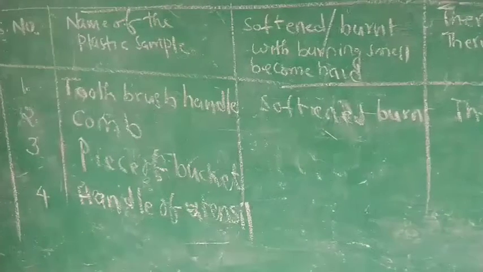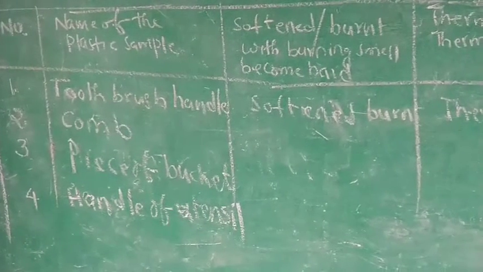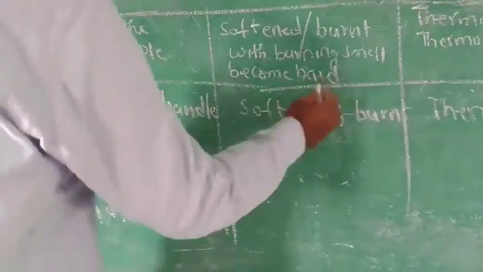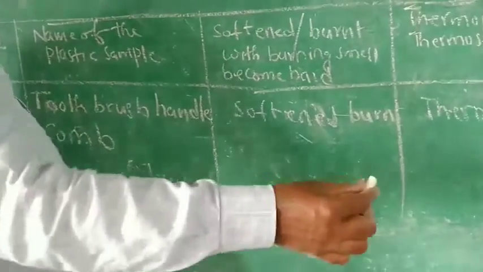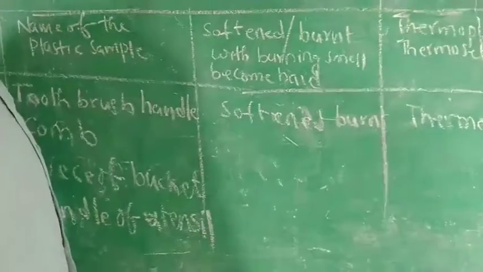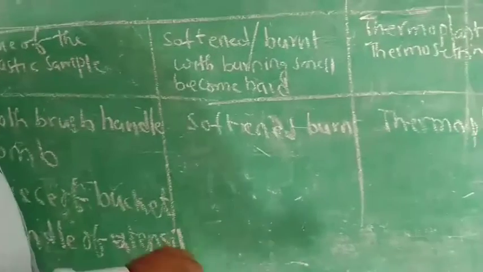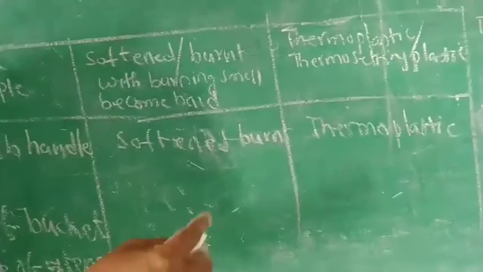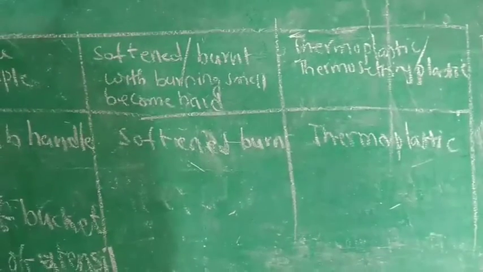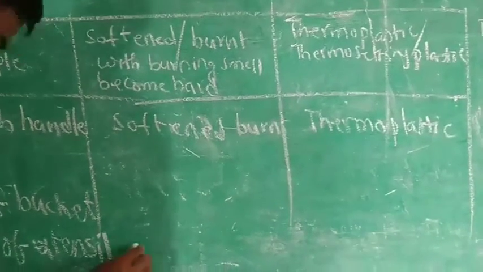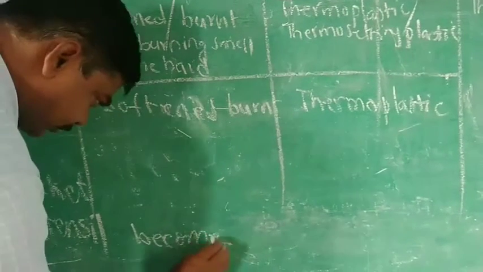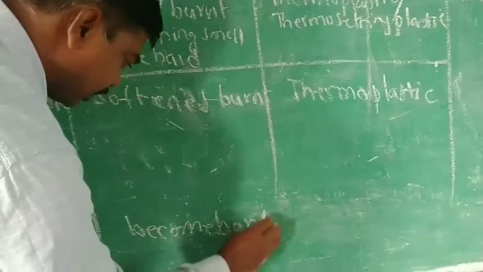See children, that handle of utensil, what type is it? Now you take that handle of utensil and burn it, keeping it in front of a spirit lamp. After burning, what happens? You see that it does not soften, and it becomes very hard.